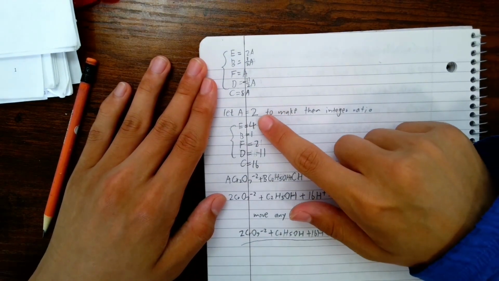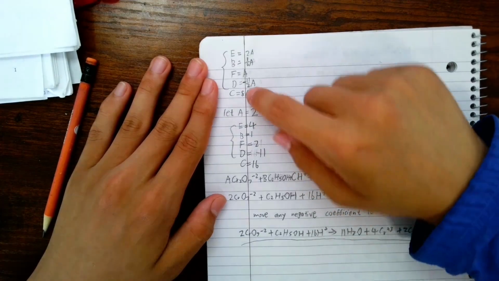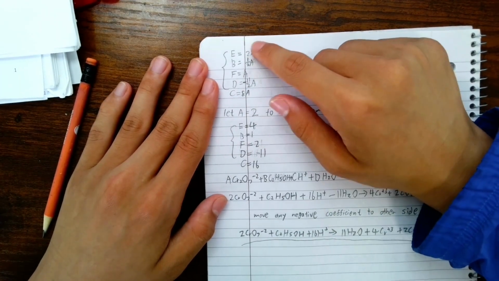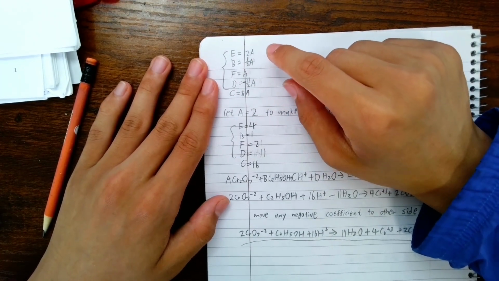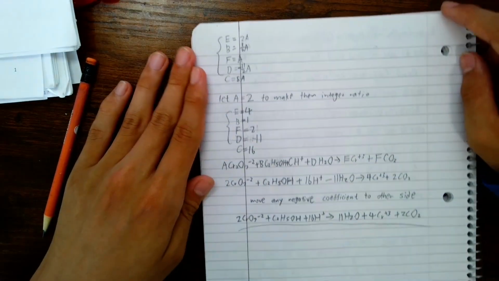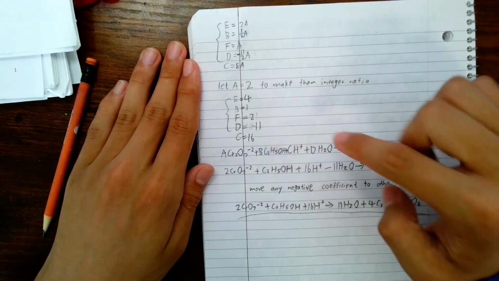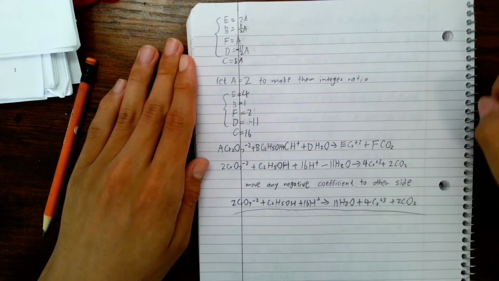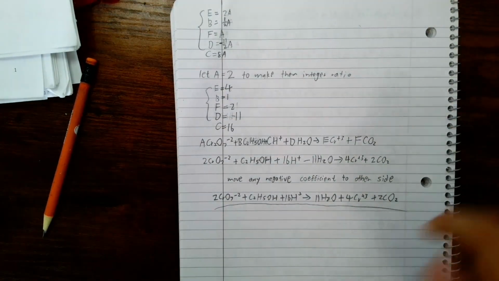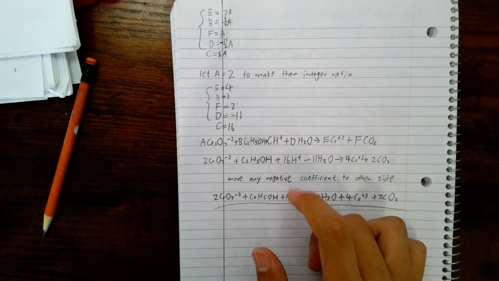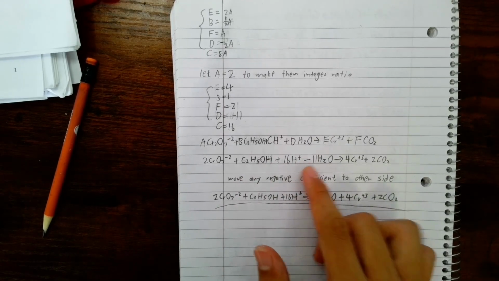Then you choose a number for that coefficient to make them an integer coefficient ratio. Then you can substitute those numbers back into the original equation. If you see a negative coefficient like this, you just switch it to the other side.